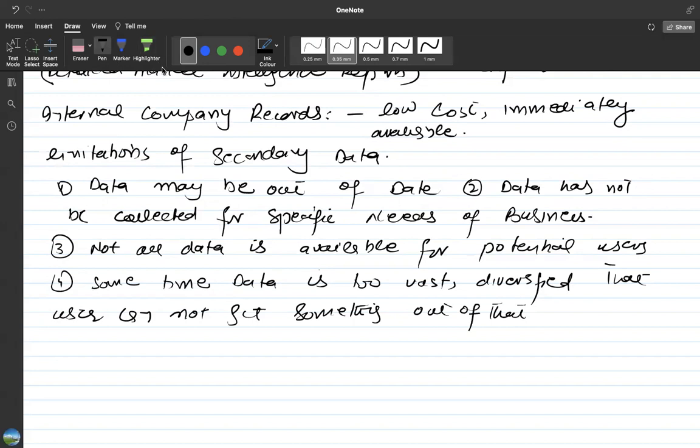This is the detail of secondary data. We'll talk about the primary data now.